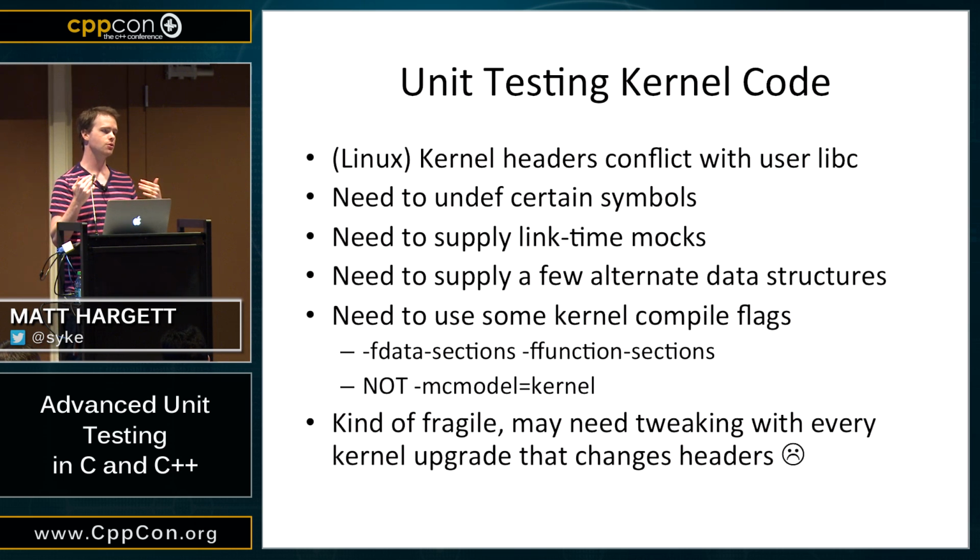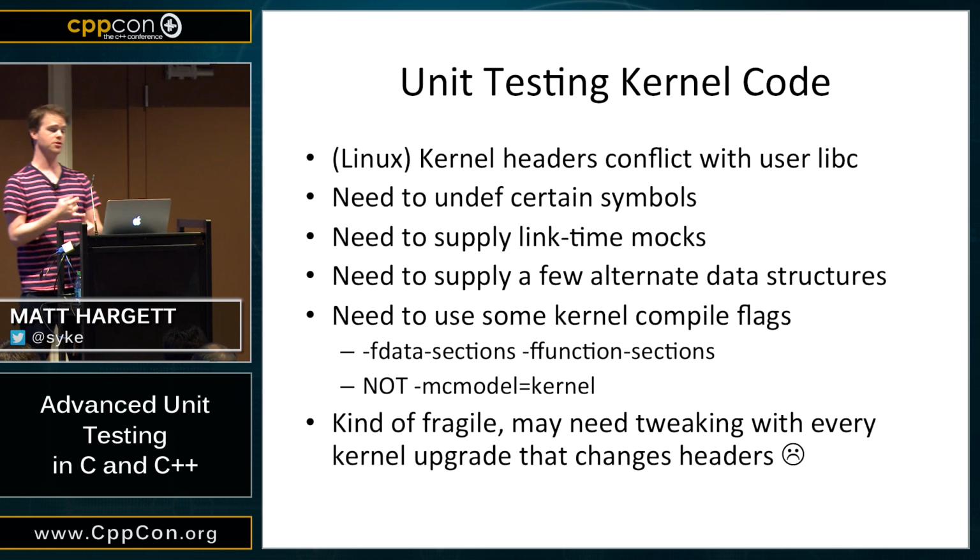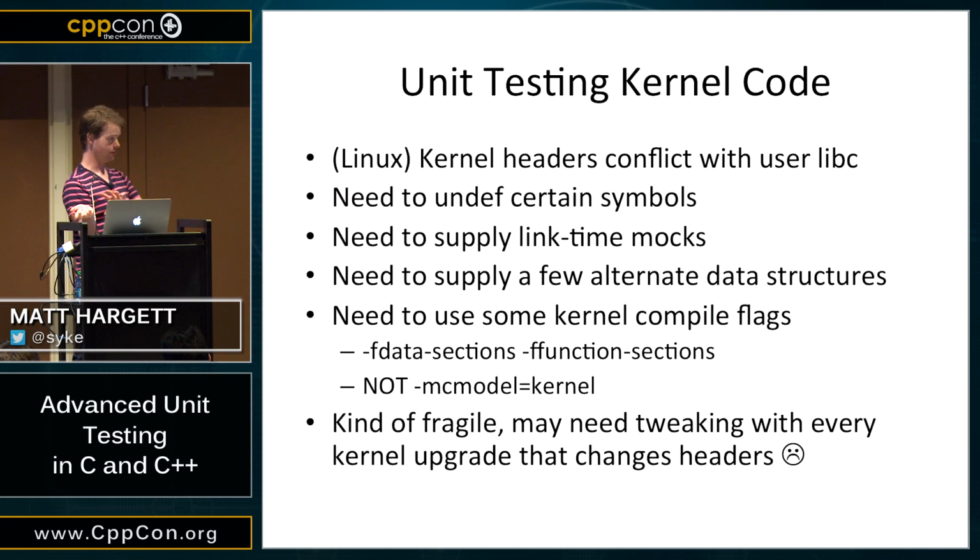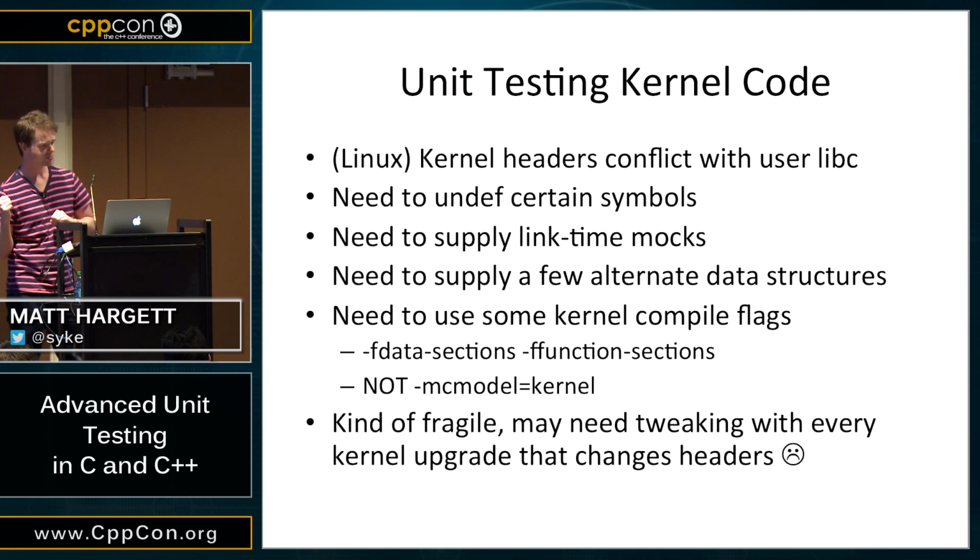So we need to do a couple of things. We need to undefine certain symbols that are in the kernel headers that conflict with libc, whether that's newlib, glibc, whatever you name it. Redefine certain things before we include those kernel headers so that they don't conflict, or so that we can intercept them.